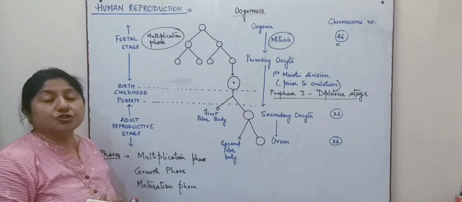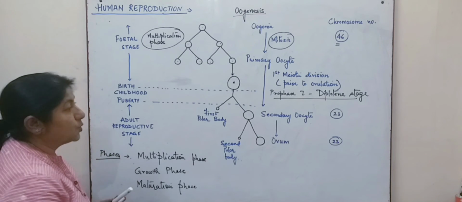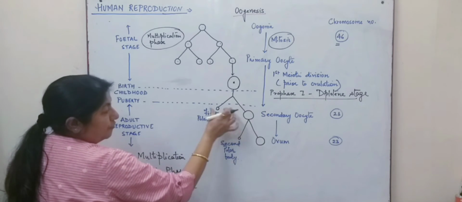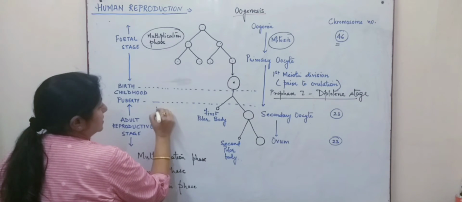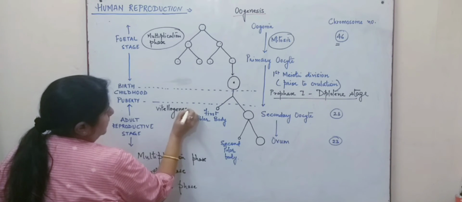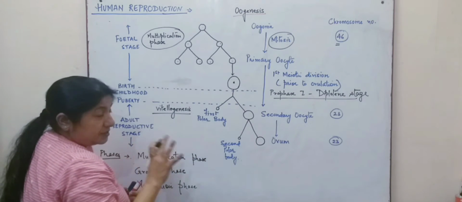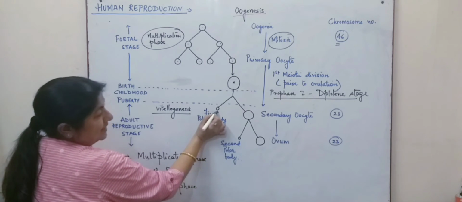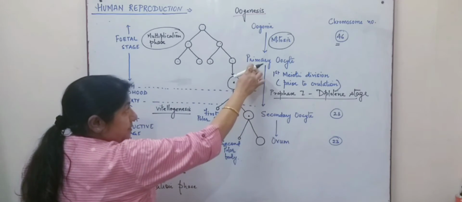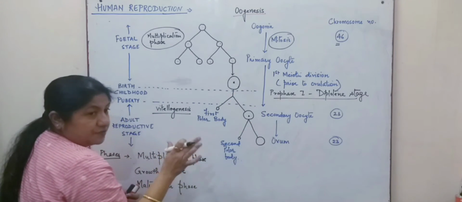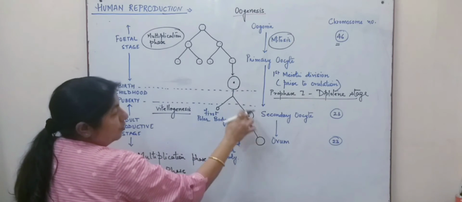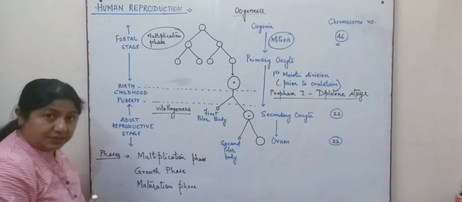That means the distribution of the cytoplasm is unequal. Due to this unequal distribution of the cytoplasm by vitellogenesis, two bodies are formed, one small and the other large. The primary oocyte forms the first polar body, which later degenerates, and also forms the secondary oocyte.